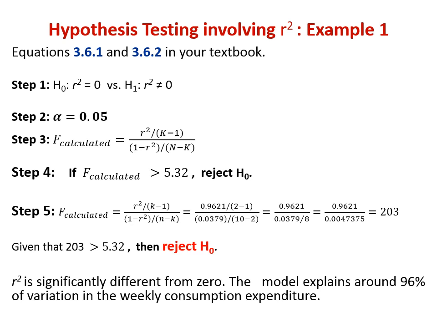Given that the F calculated is greater than its critical value, we reject the null hypothesis. Hence, the coefficient of determination is significantly different from 0. We could say that our model explains around 96% of variation in the weekly consumption expenditure. This indicates that the model fits the data points very well.